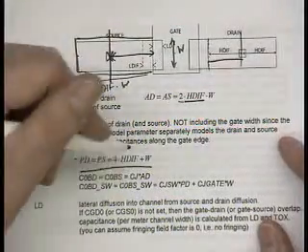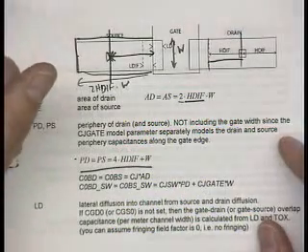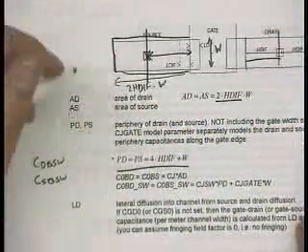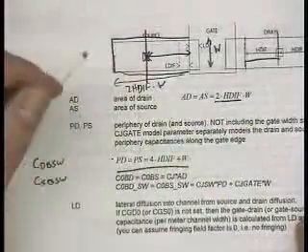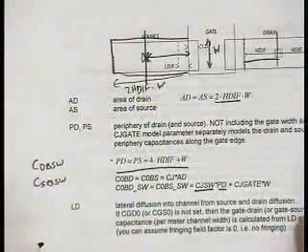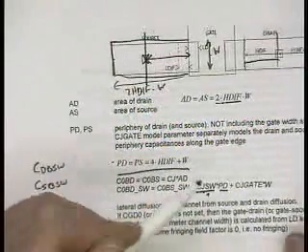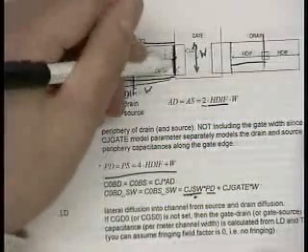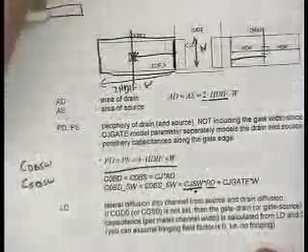And so in order to calculate CDB sidewall and CSB sidewall, you need to calculate the perimeter of the drain and multiply by the junction cap, the sidewall junction cap. Okay? And there's also a portion here that if you look underneath, so I'll draw what the device looks like.